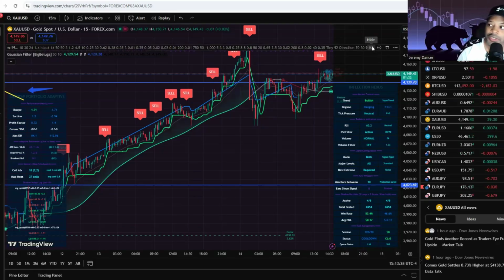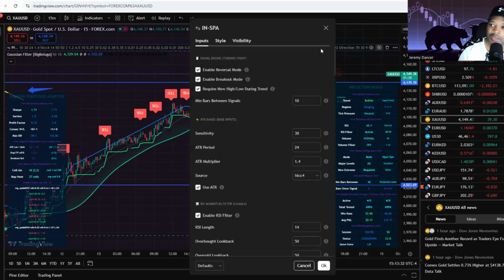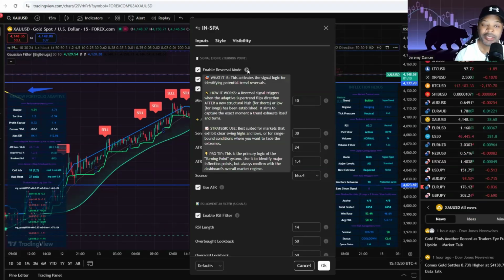All right, so let's first get into the settings here. I recommend that you have reversal mode and breakout mode checked. You want to give this indicator as much practice as possible, because it keeps track of every signal it gives and it learns from them.